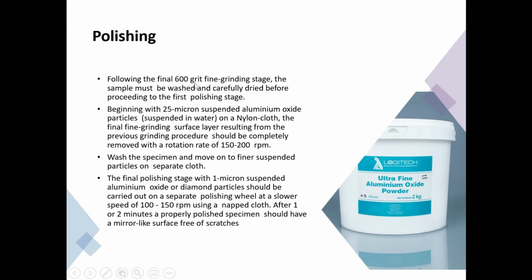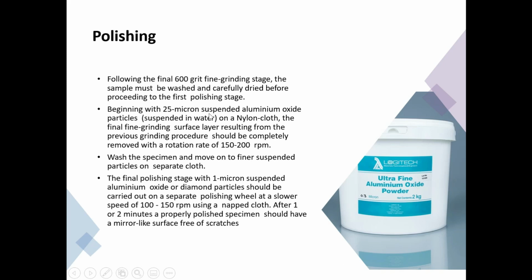Following the final 600 grit fine grinding stage, the sample must be washed and carefully dried before proceeding to the first polishing stage. So, initially you have to wash and dry the specimen carefully before going for the first polishing stage.